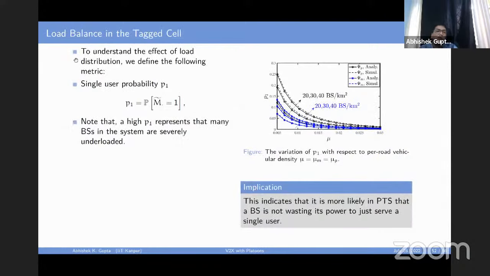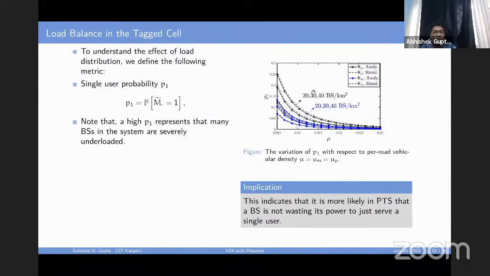And then I want to talk about the load balance in the tagged cell. If I look at the tagged cell, it will always have one user because I picked one user and I'm looking at the base station which connects to that user. So let us talk about the probability of a single user. What is the probability that the base station has only one user?